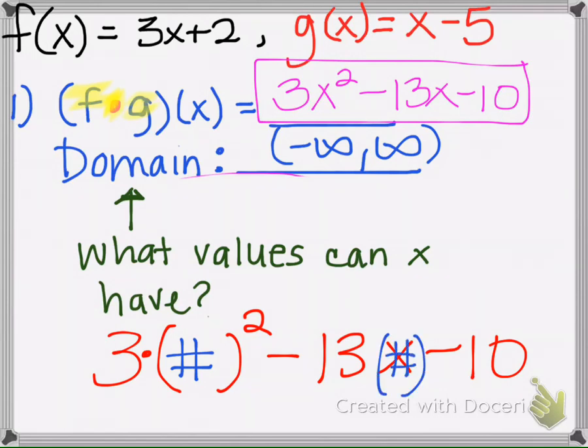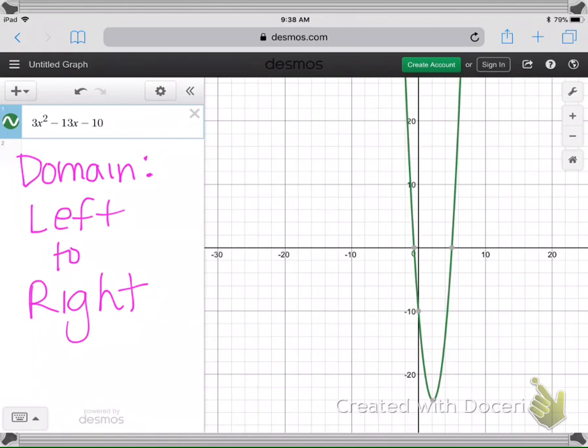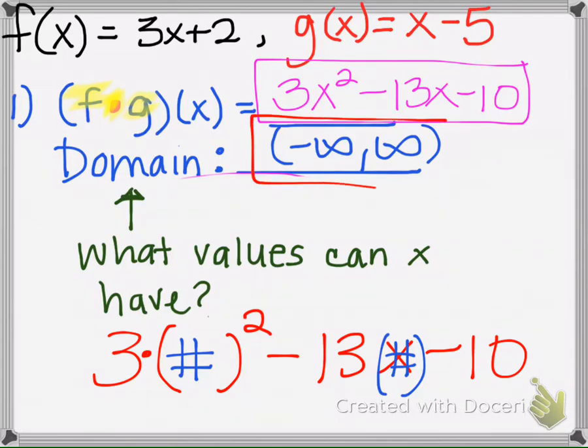If we take a look at the graph, as we go from the left to the right, it's going infinitely to the left, and then it's going infinitely to the right. So all real numbers, which is what we have here.